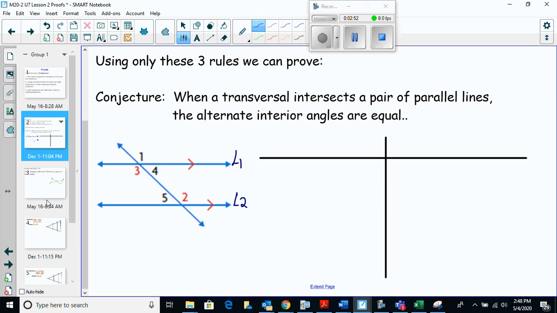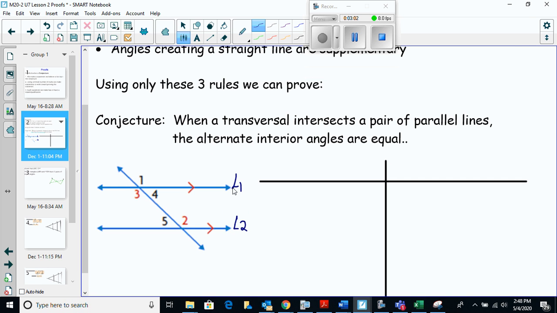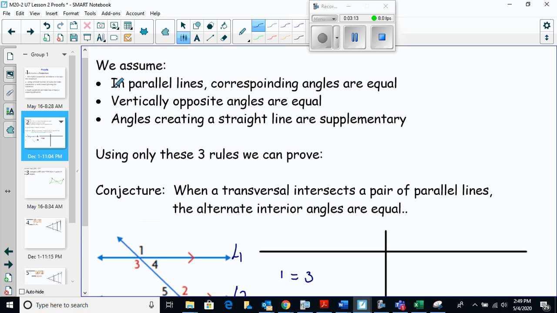It's a bit overwhelming when you see this, but the way that we are proving it is like this. Angle 1 and angle 3 are equal to each other, and those are the three reasonings: vertically opposite angles.